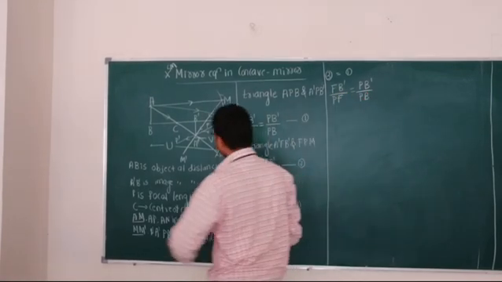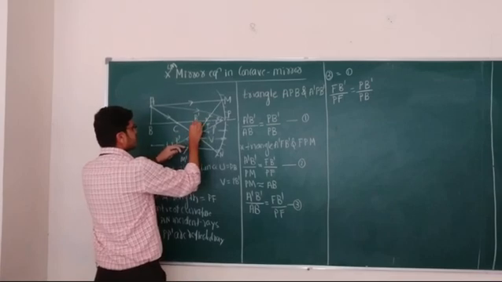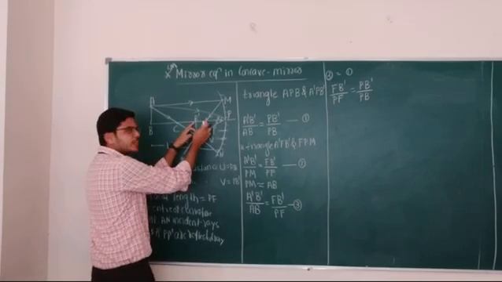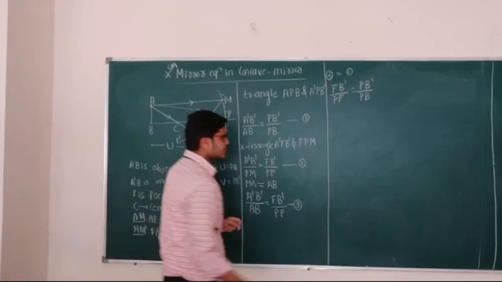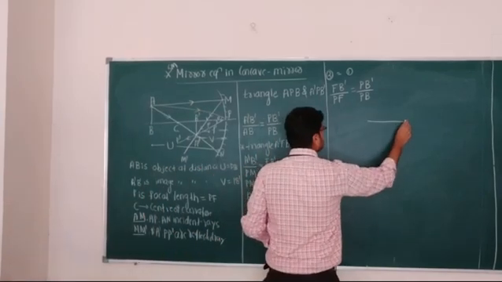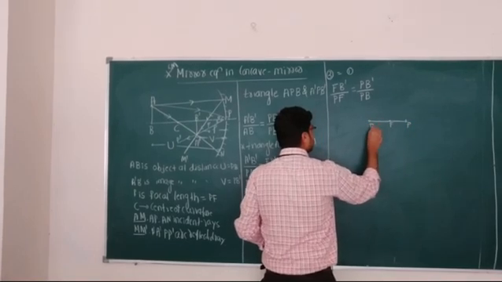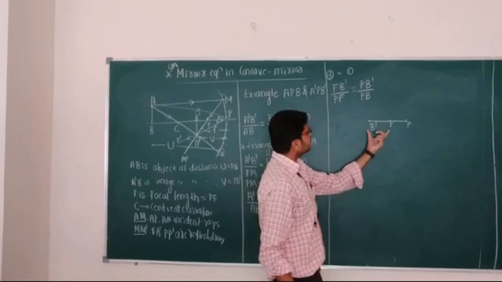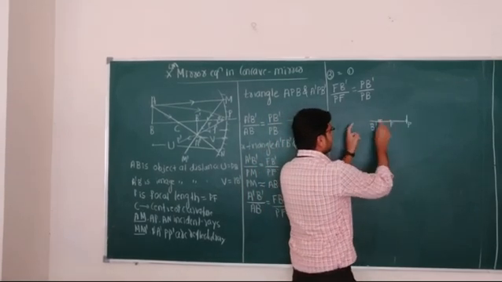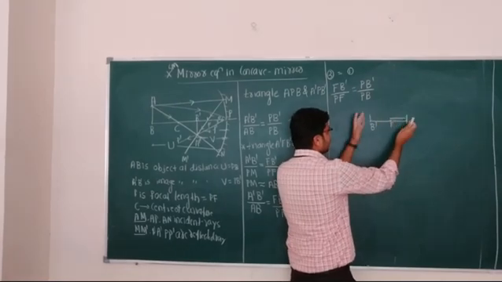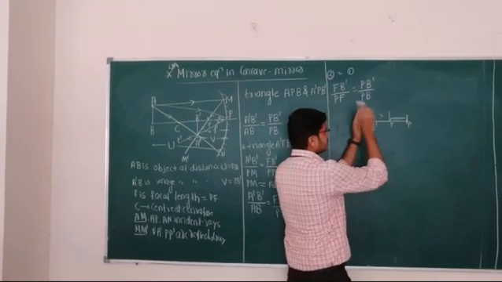Now what is FB'? This distance. FB' can be written as PB' minus PF. The line is like this. This is P, this is F, this is B'. I want FB'. How do we calculate it? PB' minus PF. This distance minus this distance will give this distance.